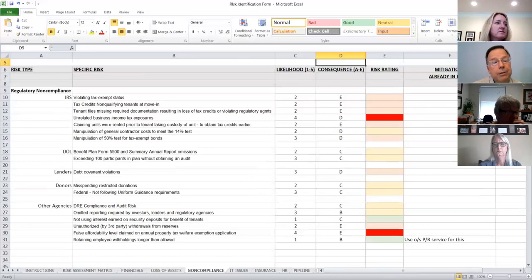Department of Labor risks, thinking about the 5500s if you have more than 100 participants, not having the audit or not having a proper summary annual report, lender risks, debt covenants in particular, donor risks, misspending contributions when they were restricted, federal being one part of that risk, which is not following the uniform guidance requirements for the federal funding. And then there's other agencies, Department of Real Estate.